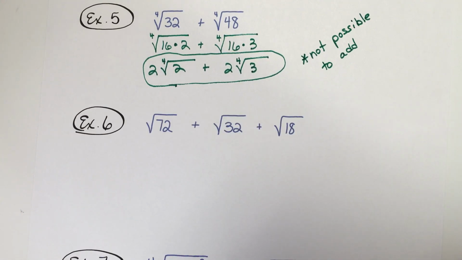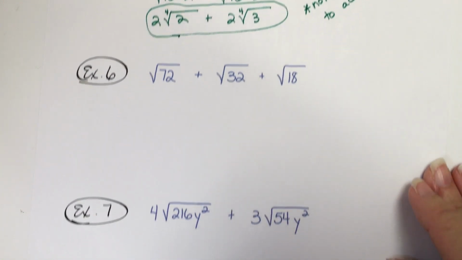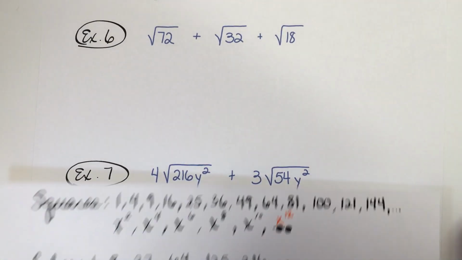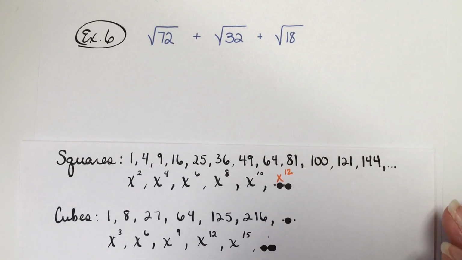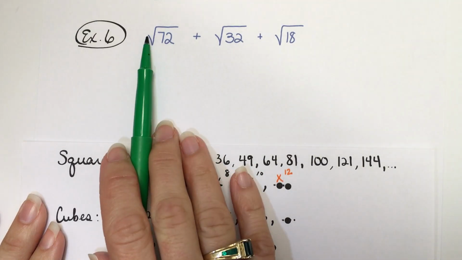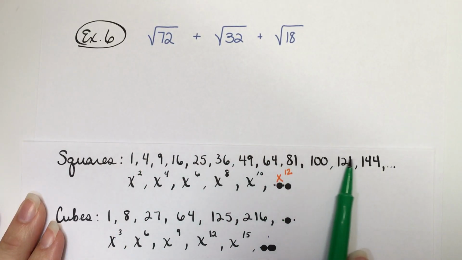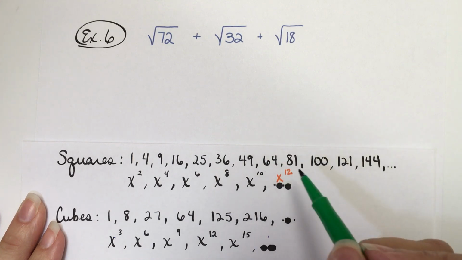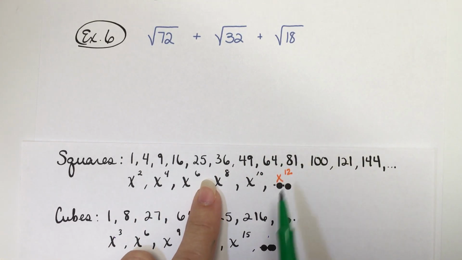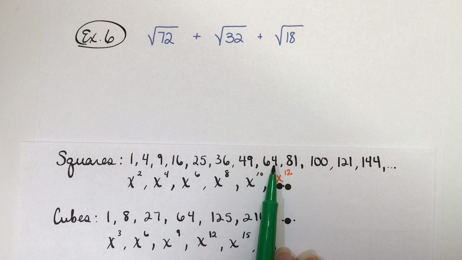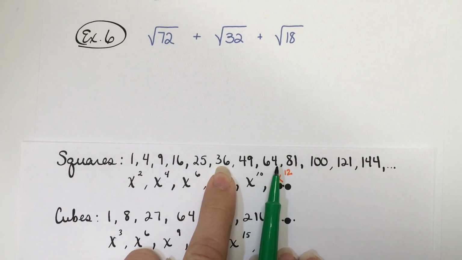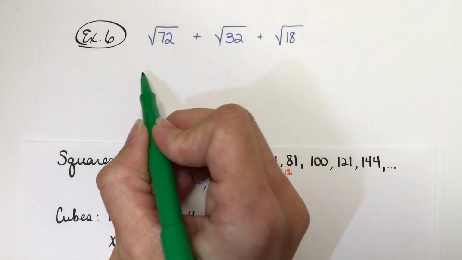Okay, next one. Now this time I have 3 radicals. So we're going to see about simplifying all of them, all 3 of them. Now these are all square roots, so I'm going to use this same list of numbers across here. So 72 is not a perfect square, but 36 will go into it.